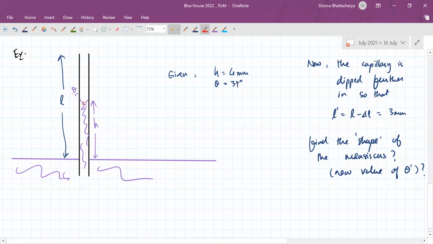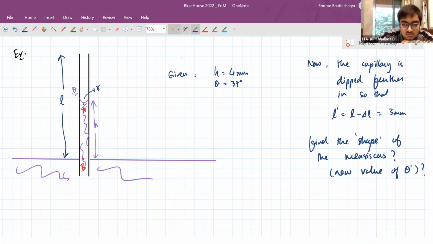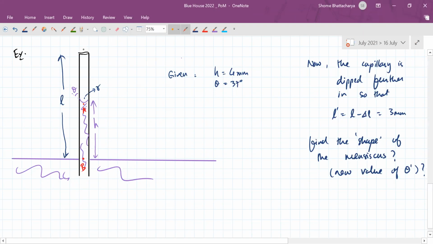What happens in this case? If this point is A, just inside, and this point is B, then this meniscus has a radius of curvature small r, whereas the capillary has a natural radius, capital R, let's say. So what we saw is that the pressure at the point A is atmospheric pressure minus 2 times T divided by small r, and small r was capital R by cos theta.